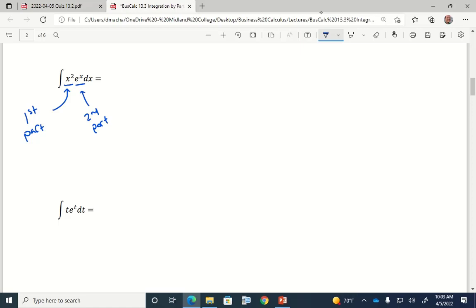So then we would make a table, and the first thing, and it's very important, is that you write a couple of alternating plus and minus signs, like plus, minus, plus, minus. Next to the plus sign, I'm going to write my first part, which is x squared. Next to that, in the third column of my little table, I write my second part, which is e to the x.